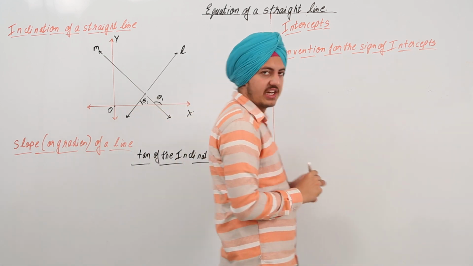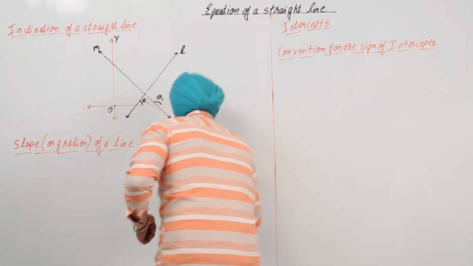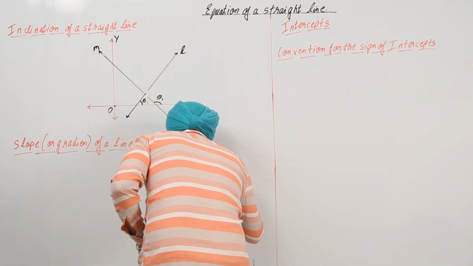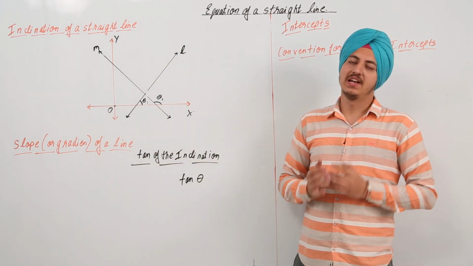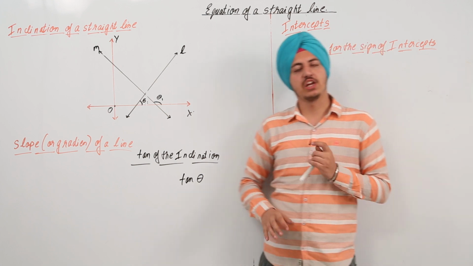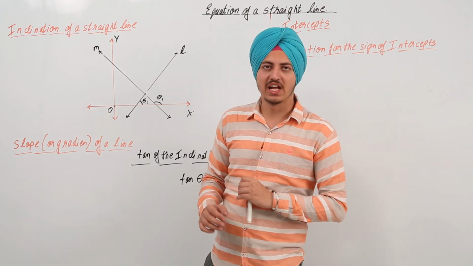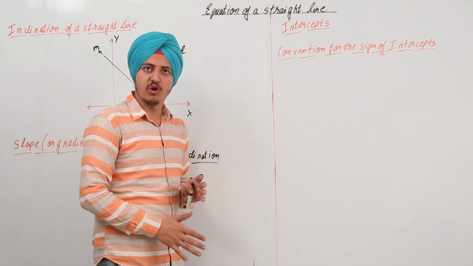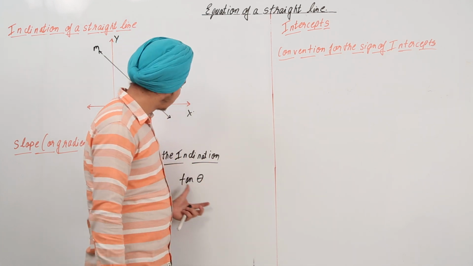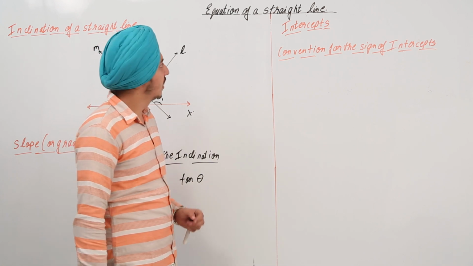So for this it is tan theta, okay? So tan theta is the slope of that line. You just need to remember this. I will tell you the various values of tan theta and everything else in the coming chapters. You will do a little bit of trigonometry also, and then you will realize what tan theta really is, okay?